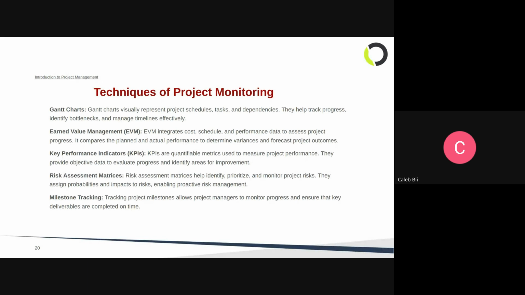Then we have the KPIs, the key performance indicators. KPIs are quantifiable, so you can give a value of how a specific target has been hit. They provide objective data to evaluate progress and identify areas of improvement.